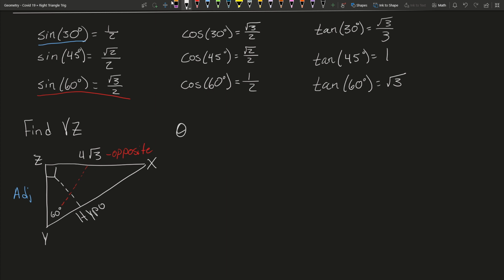So we have an angle theta that's equal to 60. We have a hypotenuse. And actually, I guess we don't even need the hypotenuse because we were trying to find this adjacent side. So we have adjacent and we have opposite. We have the opposite side and an angle, and we're trying to find the adjacent.